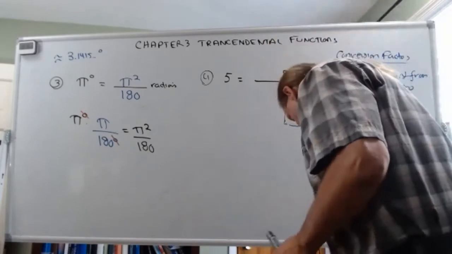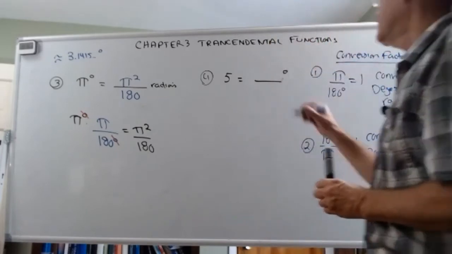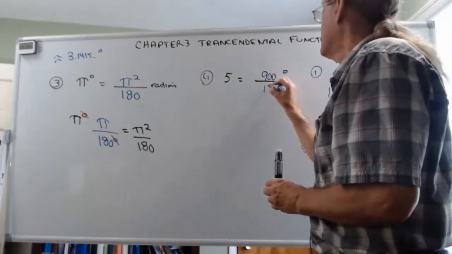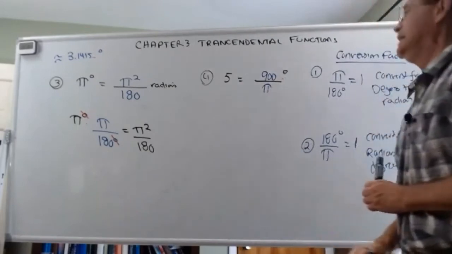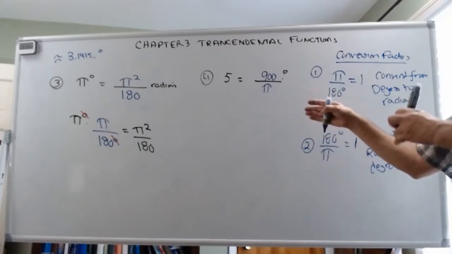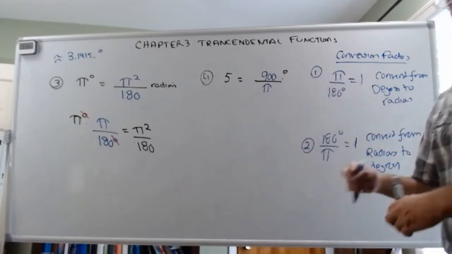Hopefully you try it yourself, and I'll put the answer over here. It's 900 divided by pi degrees, and pi is 3.14, so 900 divided by 3.14.